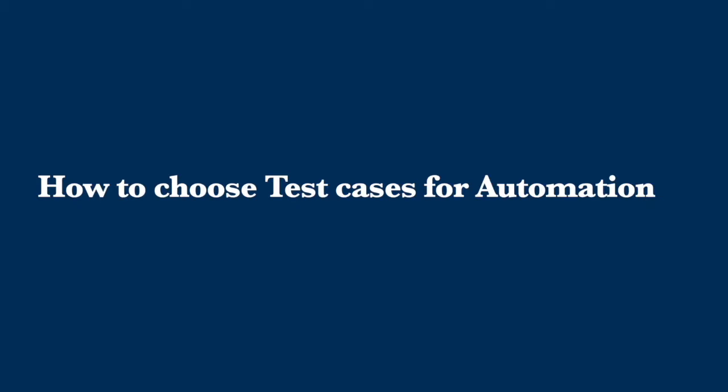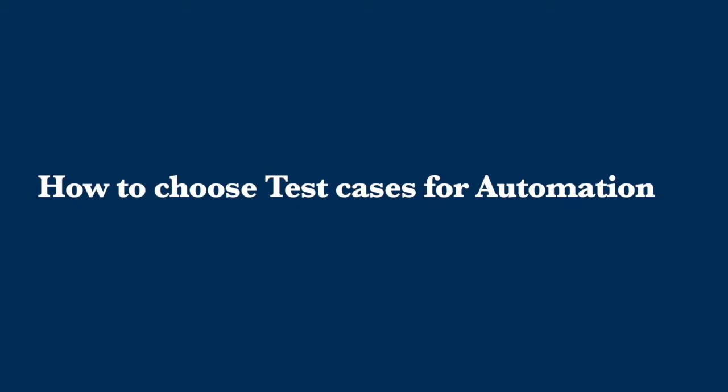But the biggest question is how to choose the test cases for automation. How to identify that this test case is eligible for automation. Because what happens when we have lots and lots of test cases in front of us, like 200, 100 or 50, even 50, which is a very small amount. But we need to be very selective about which test cases I should select for automation.